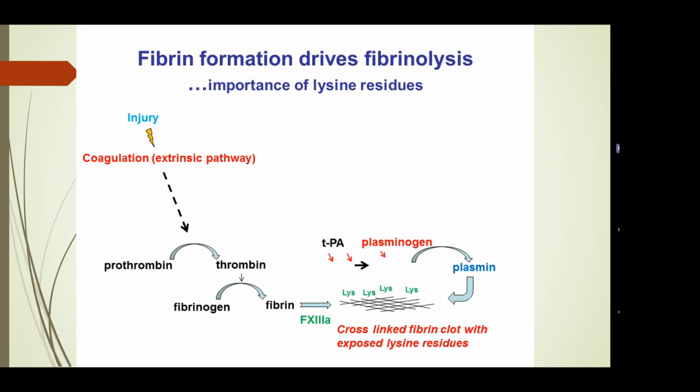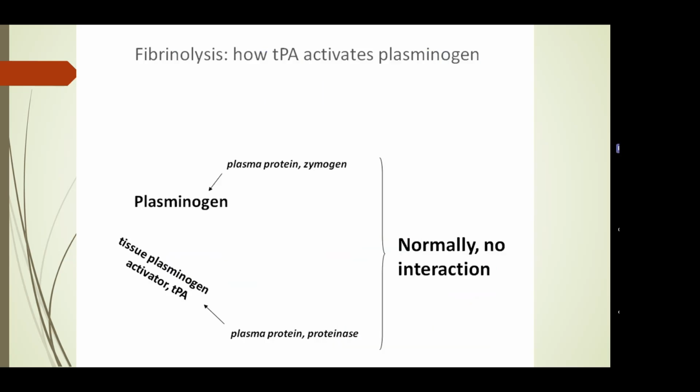So fibrin formation drives fibrinolysis. As fibrin is being formed, it acts as a stimulus to also initiate fibrinolysis. Initially, all these zymogens, the plasminogen and the tissue plasminogen activator, are present in the plasma. They are all there, but normally no interaction between them.